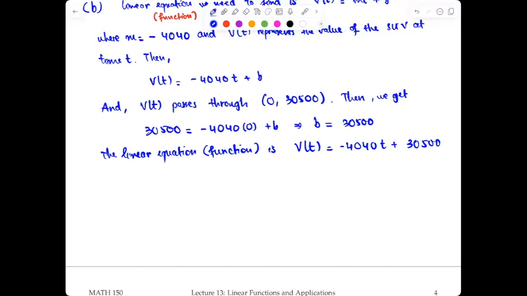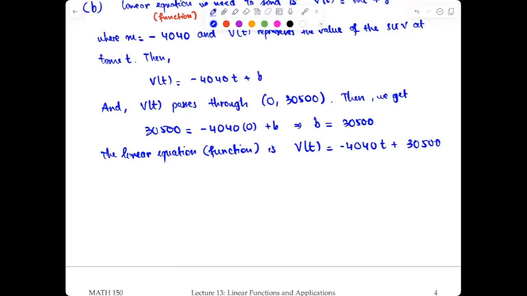In this context, given this linear function, the original book value of the SUV is 30,000, and the value will decrease over time at a rate of $4,040 per year. So that's the story that I see from this formula.